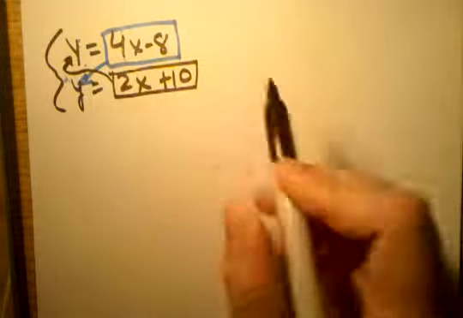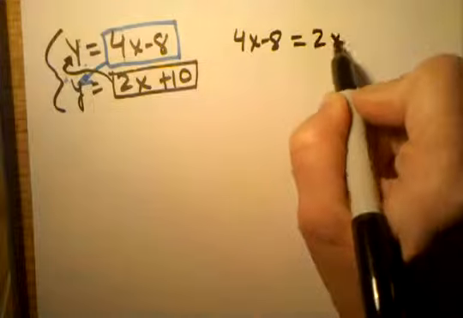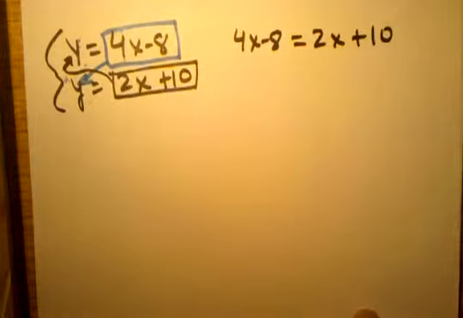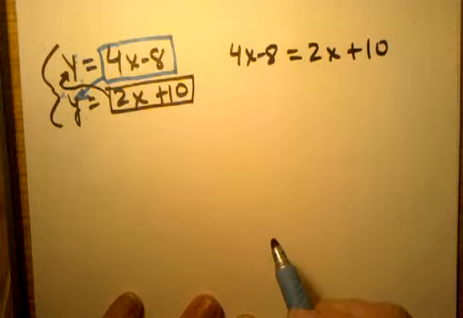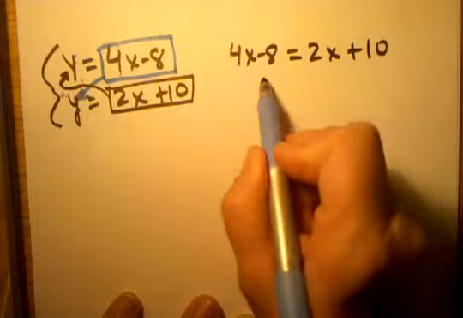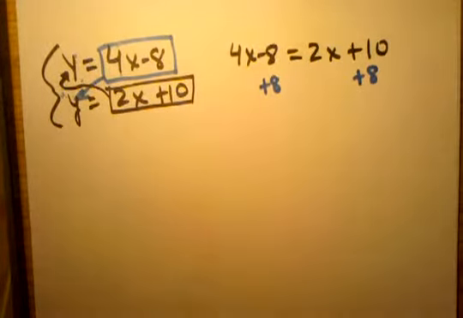Either way, I'm going to end up with this equaling that. So I'm going to go ahead and take the blue and substitute it into this y. And what I will get is 4x minus 8 equals 2x plus 10. Okay. So now all I have to do is use my balancing methods to solve for x. I'm going to start by adding 8 to both sides, because that will eliminate this 8 on this side.